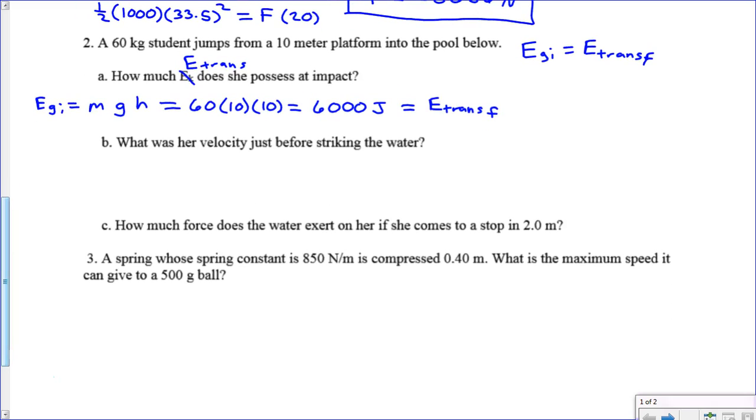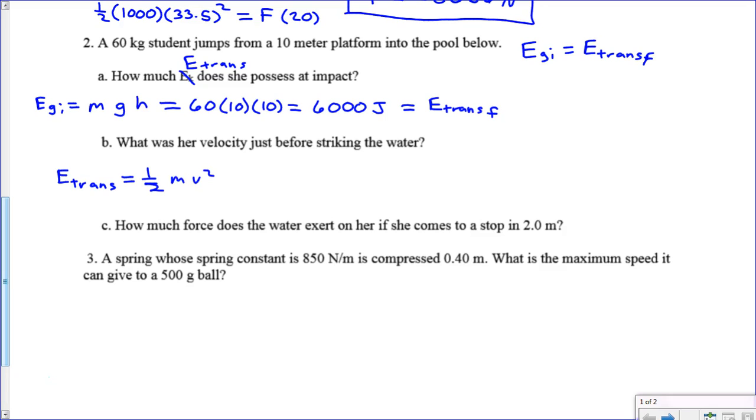For part B here, it asks what was her final velocity. Well, this question here then is having us break down that E-trans a little bit more, right? So we know E-trans equals 1/2 times mv squared.